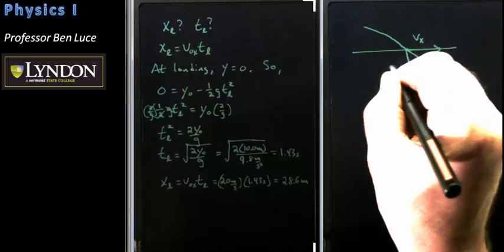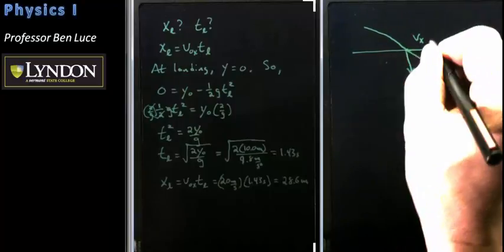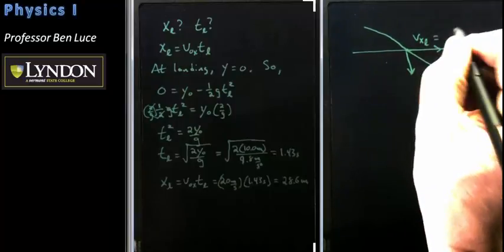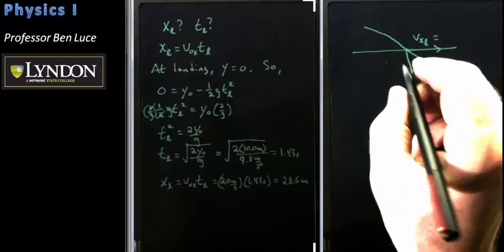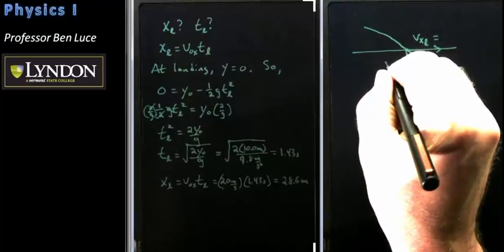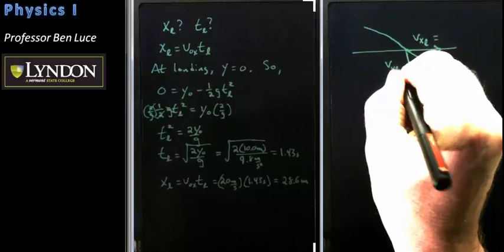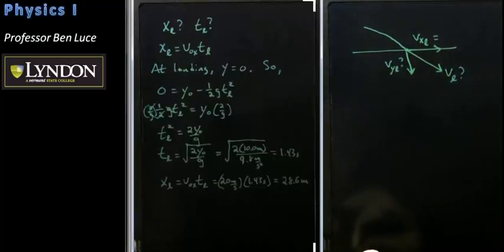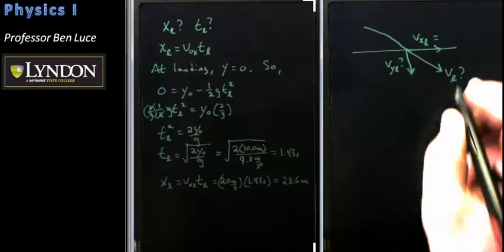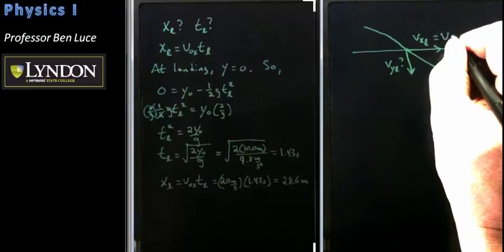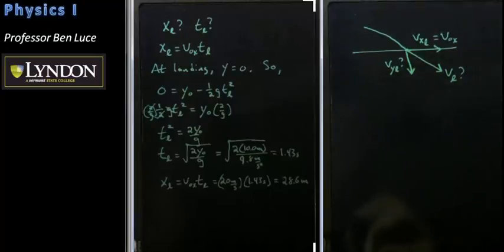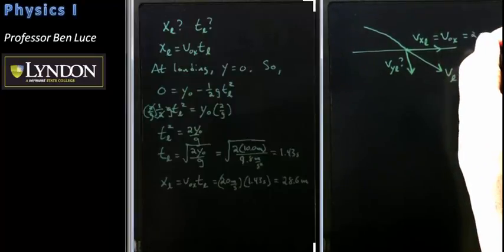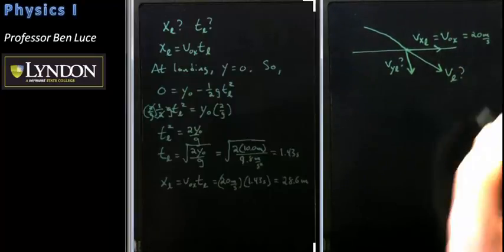The Vx component, and we'll call that the landing x component, so Vxl, and we'll have the Vy component, Vyl. And we're going to have to compute that before we can compute Vl. Vxl, though, we know, as usual, is still locked at V naught x, which here is 20 meters per second.